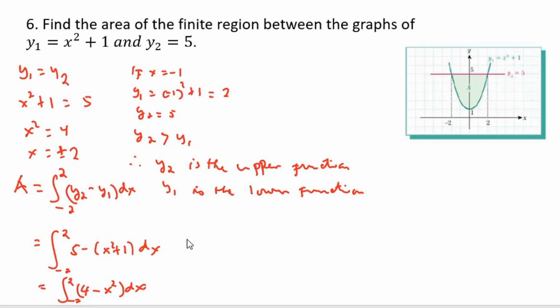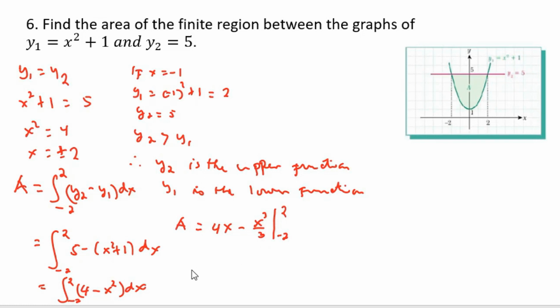So we are going to integrate that one. So the area is now equal to 4x minus x cubed over 3 evaluated from negative 2 to positive 2.